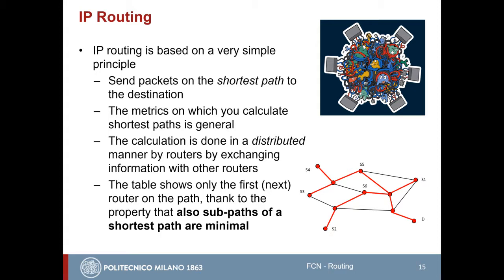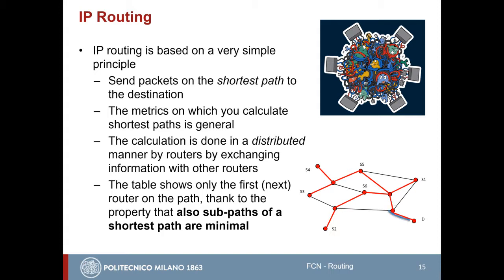And since we have this tree structure of the paths that are going to a certain destination, coming from all the sources, we have also a property that tells that a subpath of a minimal path is minimal. So once we have found the shortest path, for example, from S3 to D, then a subpath of this shortest path is also the best path from an intermediate source to the destination.